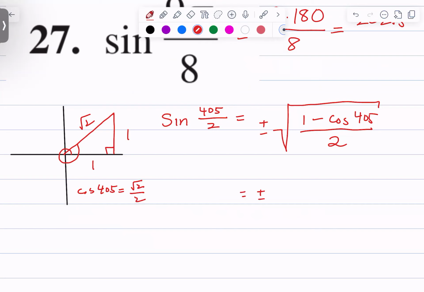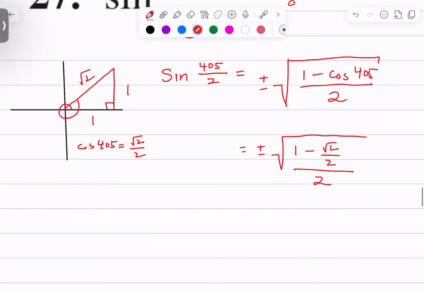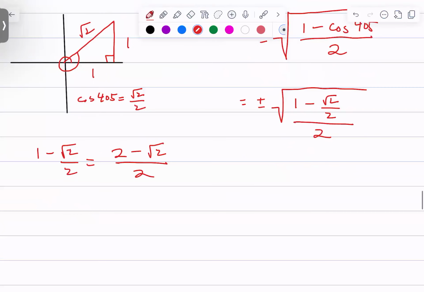So this would be plus or minus the square root of 1 minus square root of 2 over 2, over 2. Getting my common denominator, 1 minus square root of 2 over 2 is 2 minus square root of 2 over 2, right? Because 1 equals 2 over 2.